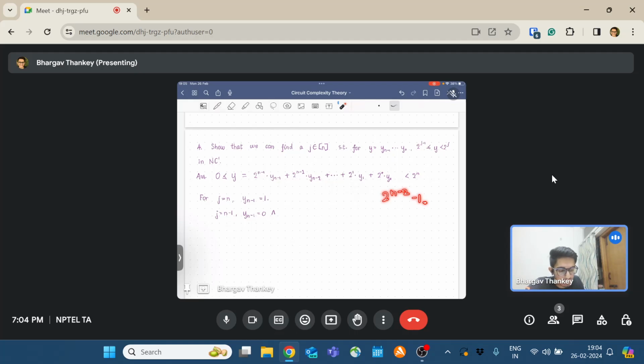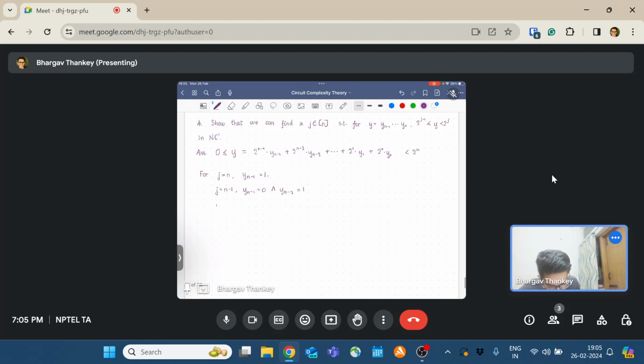So when you put j equals n minus 1, this would become 2 to the n minus 2. So we need this to be 1. And this suggests a natural thing. Can you guess what expression we would have over here? 1, 0, yn minus 2 is 1, and yn minus 3 is 1.